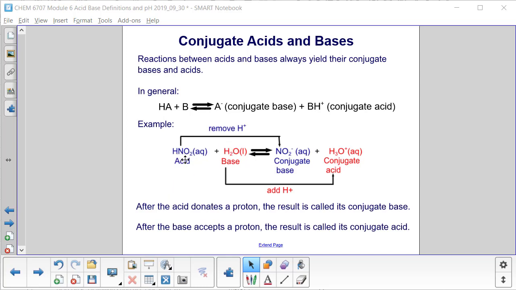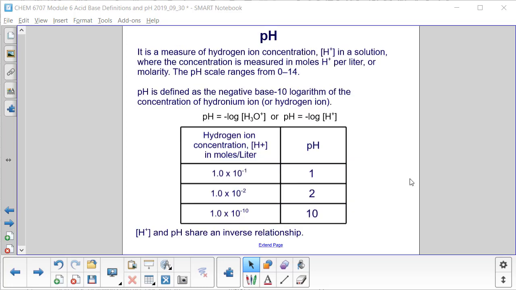Here water is going to act as a base. Once we remove that proton, we form the conjugate base. So an acid forms a conjugate base, and the base here accepts that proton to form the conjugate acid. In summary, after the acid donates a proton, the result is called its conjugate base. After the base accepts a proton, the result is called its conjugate acid.